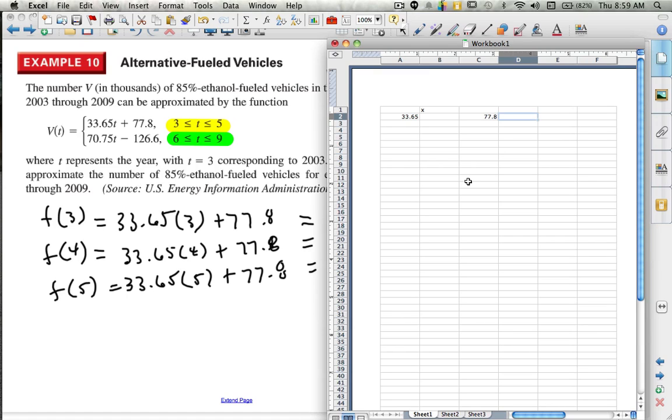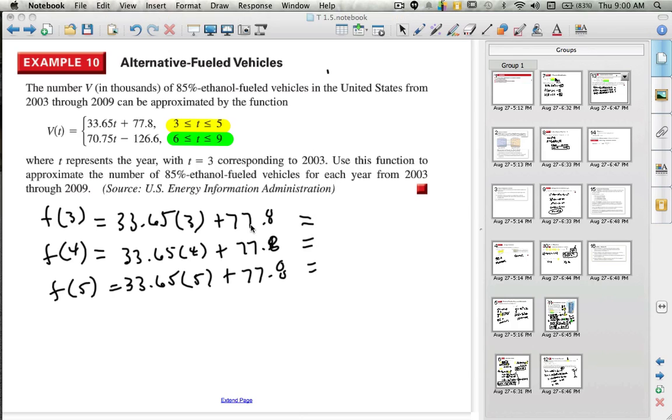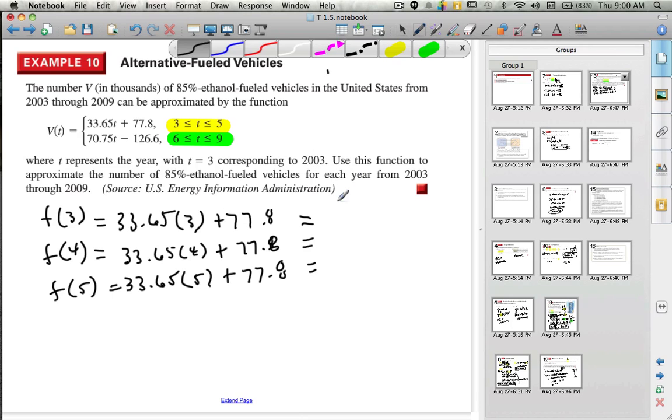I want this formula to equal this cell times this cell plus this cell. And if I put in 3, it gives me the answer, 178.75.